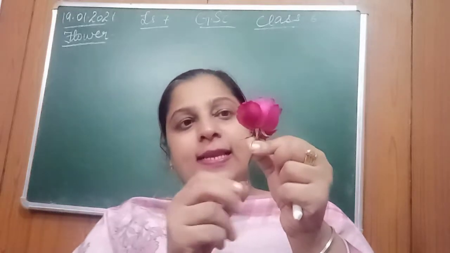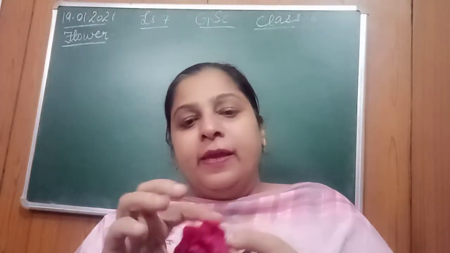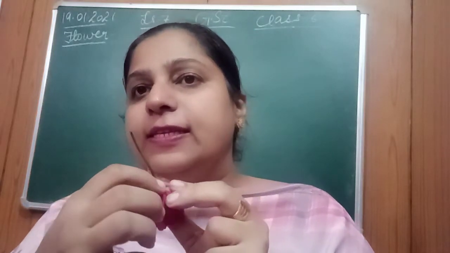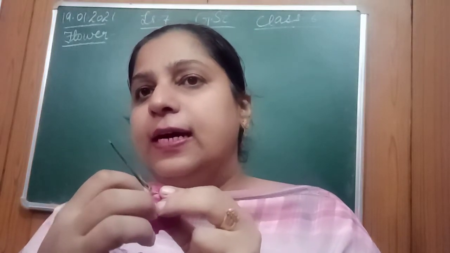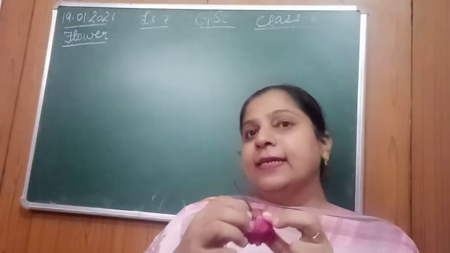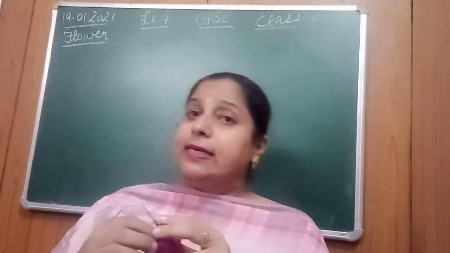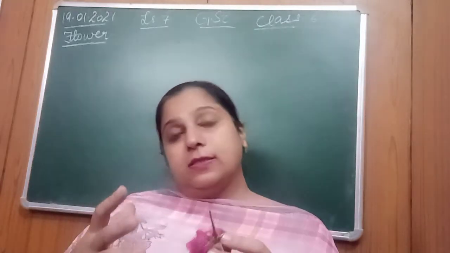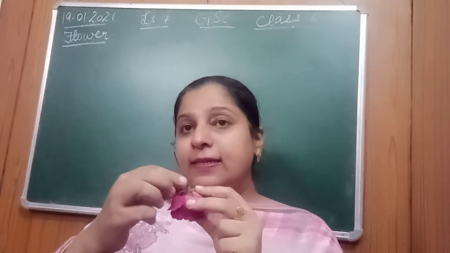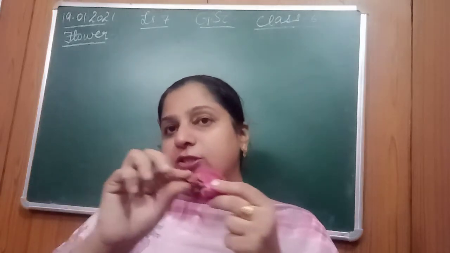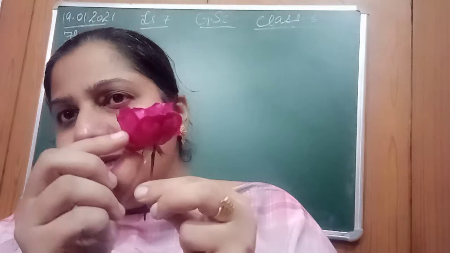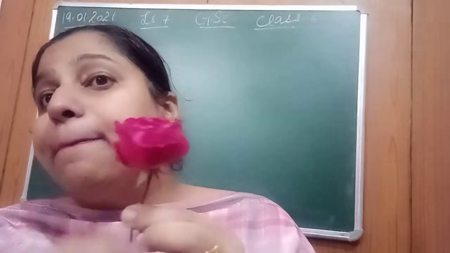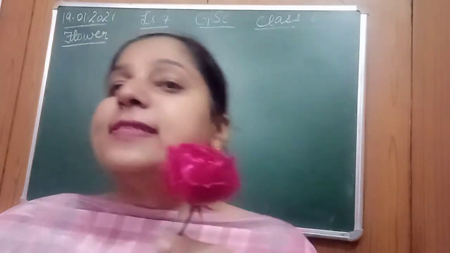This is the pedicel. Then if you can see here, it is a swollen structure. This is known as thalamus, a swollen structure, right? Functions we will be doing in the class in detail. Just get versed yourself with the parts. Then these green color, small leaf-like structures, you can see these small green colored structures, they are known as sepals. What do we call it? Sepals.